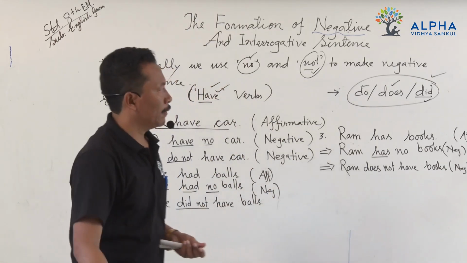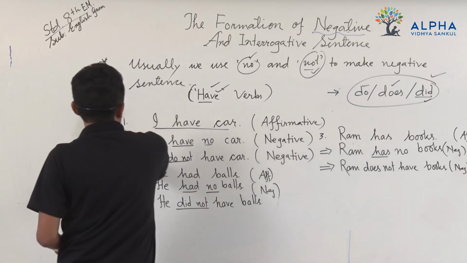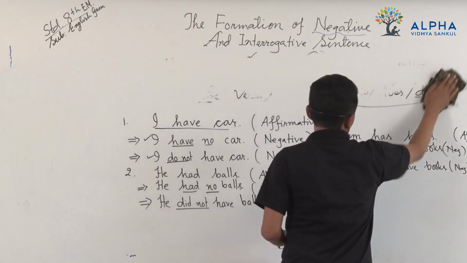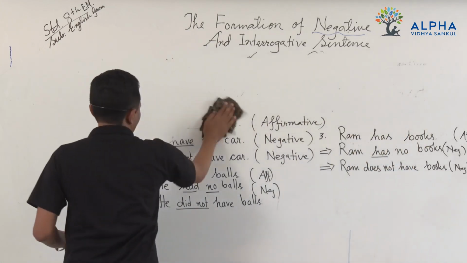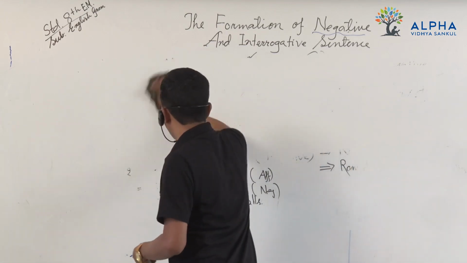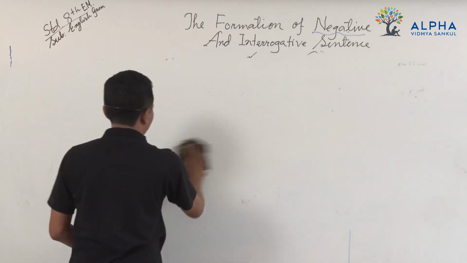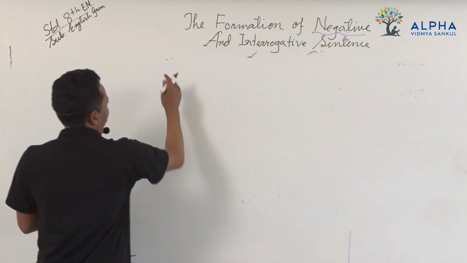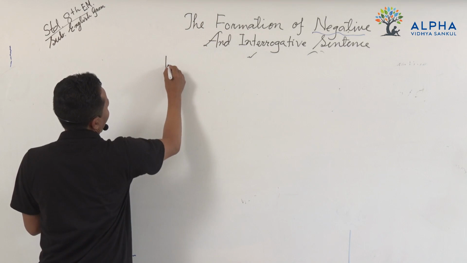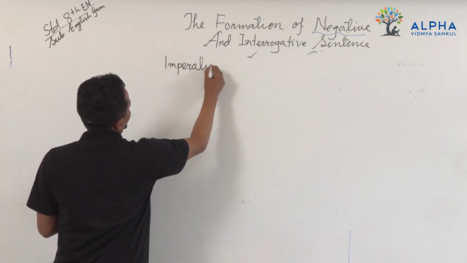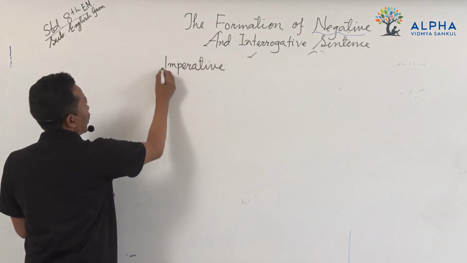The next is for the imperative sentence. For the imperative sentence, this time we have to use a different way. This is not a different way, but the way of doing is something different.